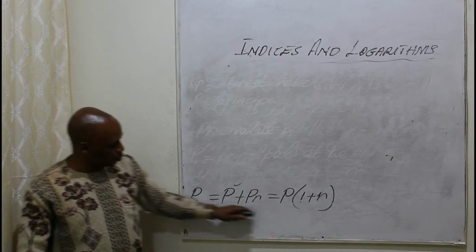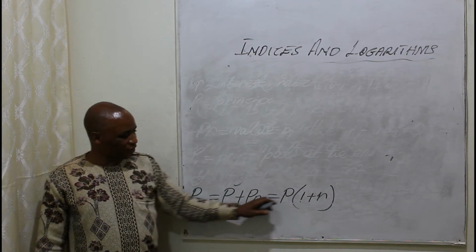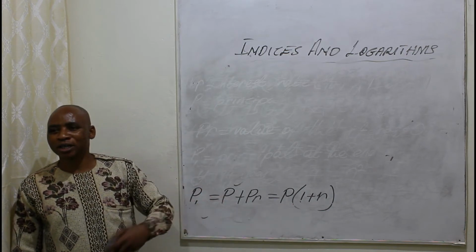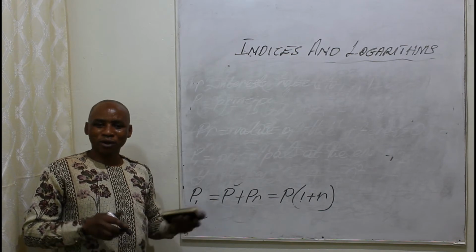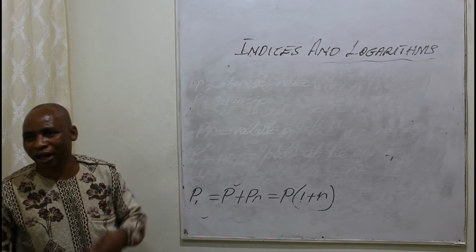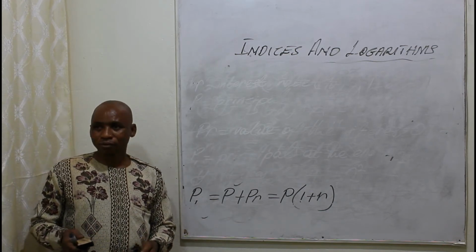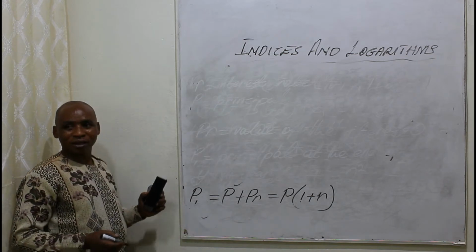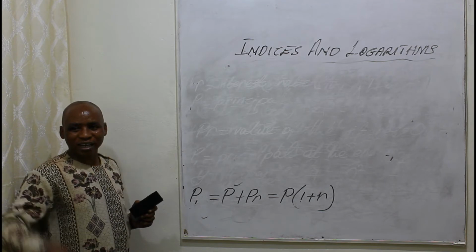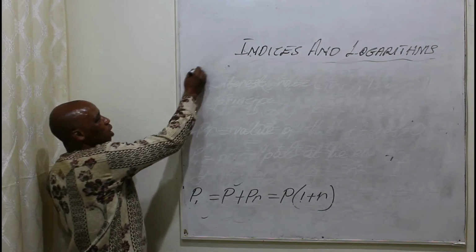So let's say from here, at the end of the first year, you want to reinvest for the second year. And with this, if we want to find the principal at the end of the second year, let that one be P2.